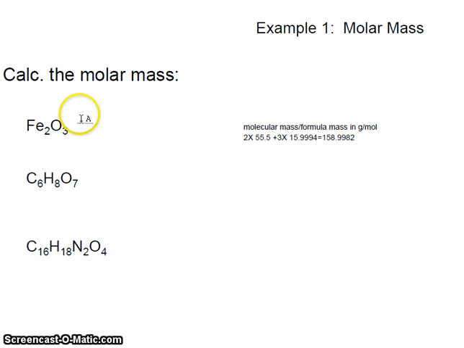Likewise, you can perhaps work on the second and the third values. Again, all you gotta do is pick the atomic mass, the fractional number from the periodic table, and multiply that by the number of atoms of each kind, add them all together, report it in grams per mole, and that will be your final answer.